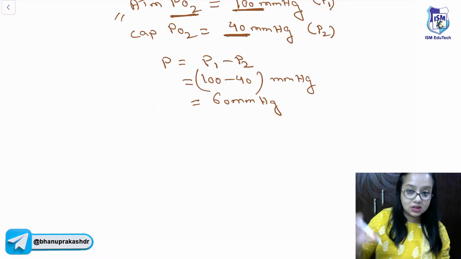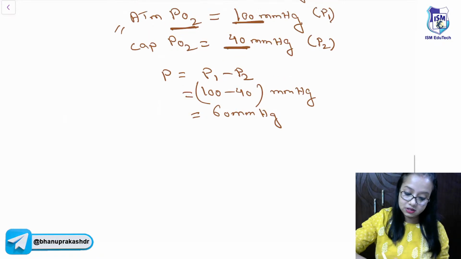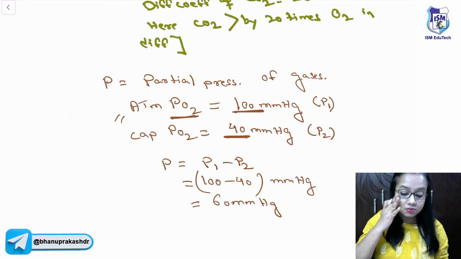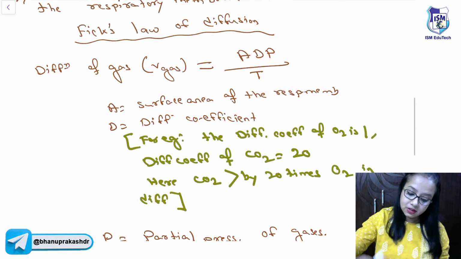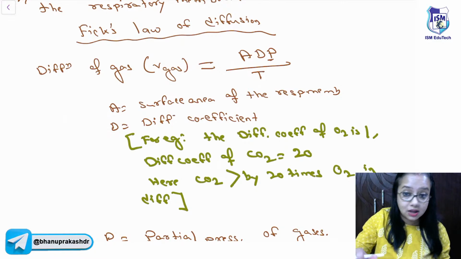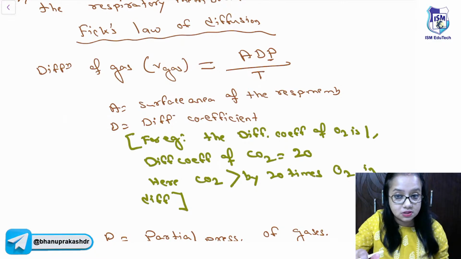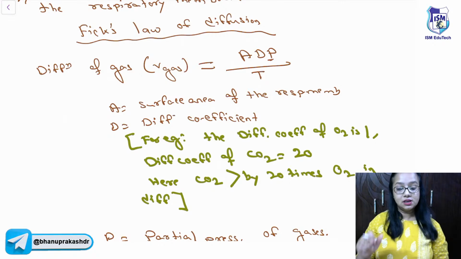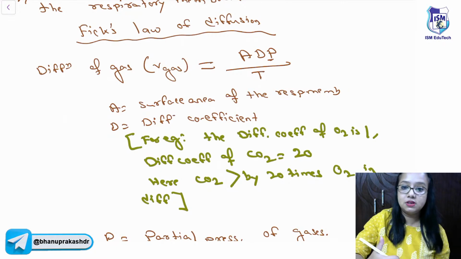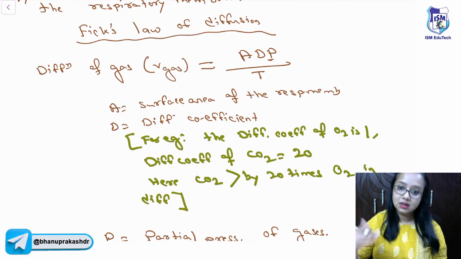So what is the takeaway from all this partial pressure talk? What exactly do we have to remember? Following the diffusion principle, if the concentration gradient, the difference in concentration, is more, then the rate of diffusion will be higher.